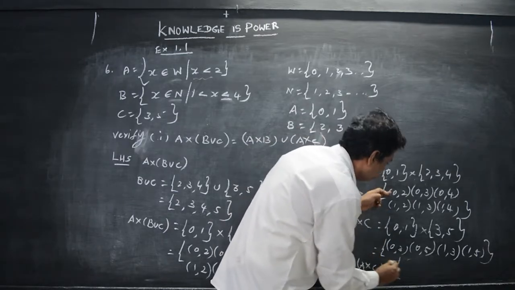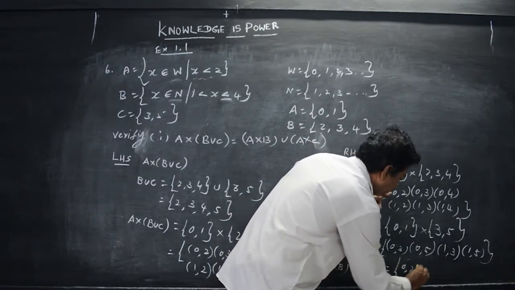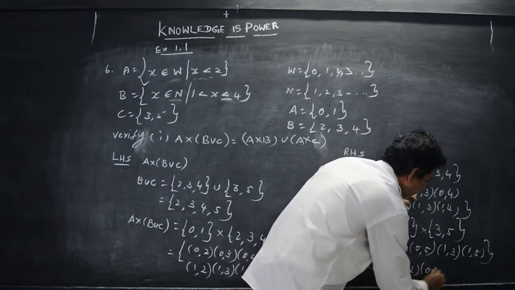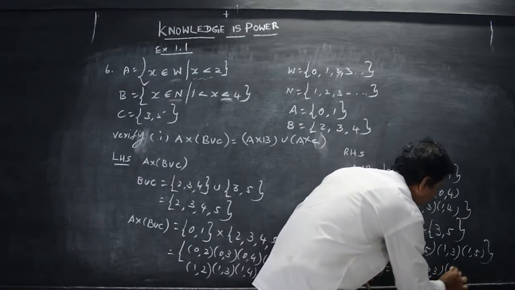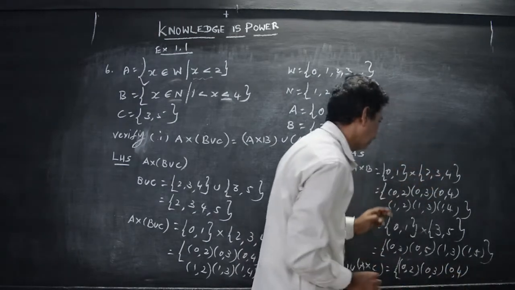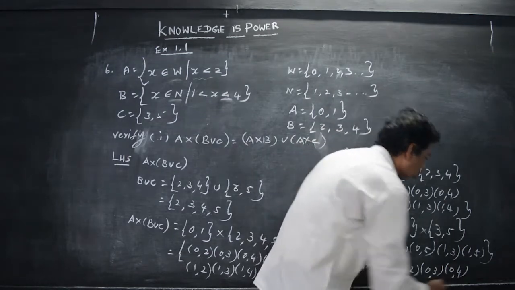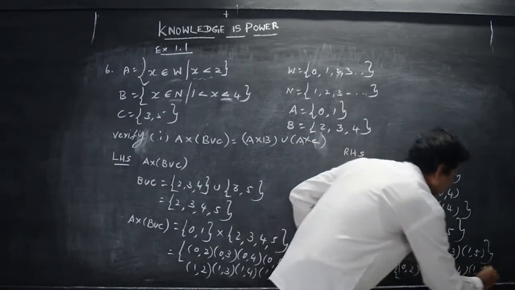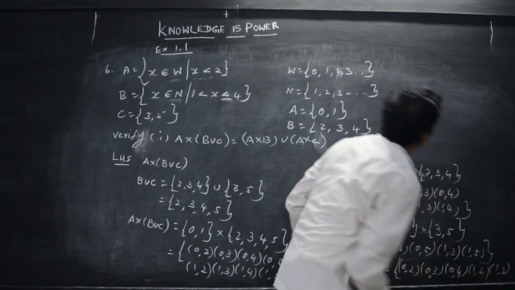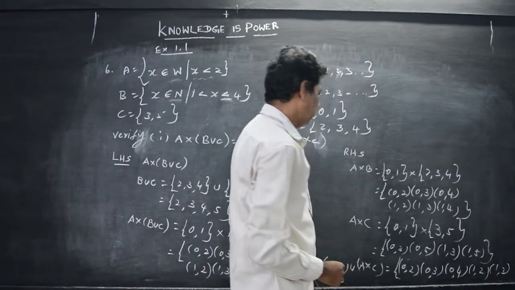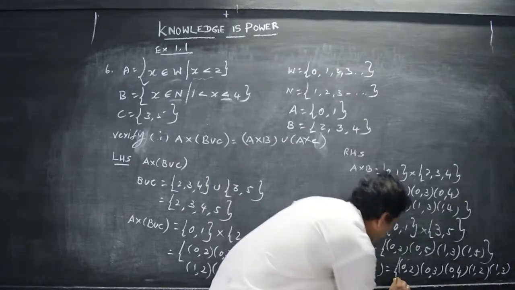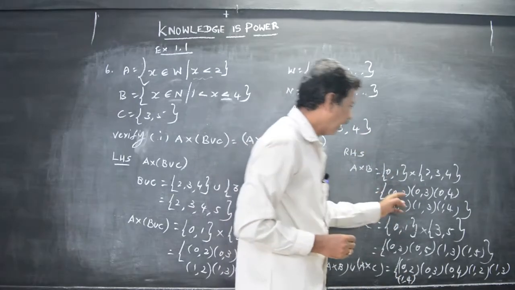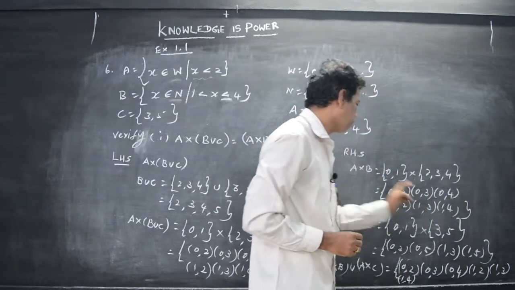0, 2, 0, 3, 0, 4, then 1, 2, 1, 3, then 1, 4. I have written all the elements which are present in the first set.